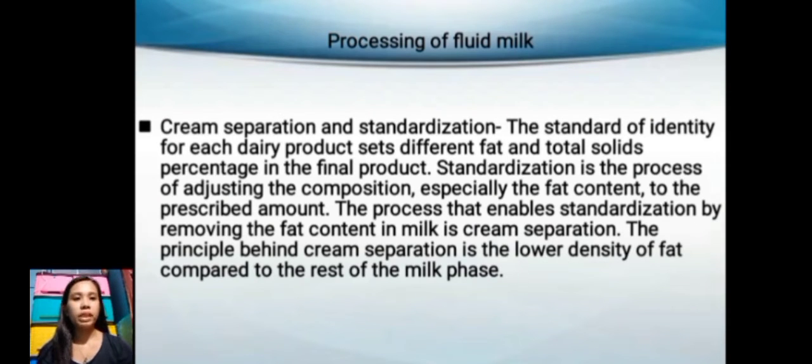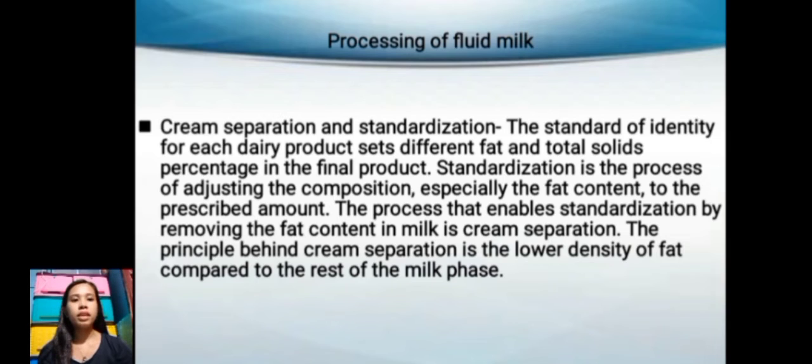Processing of fluid milk. Cream separation and standardization. The standard of identity for each dairy product sets different fat and total solids percentages in the final product. Standardization is the process of adjusting the composition, especially the fat content, to the prescribed amount.